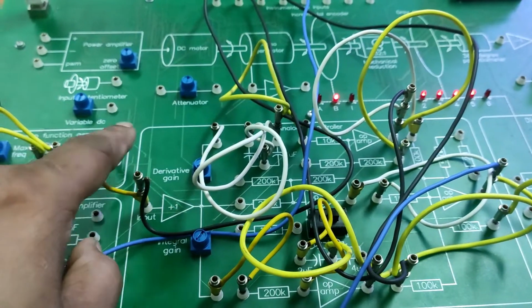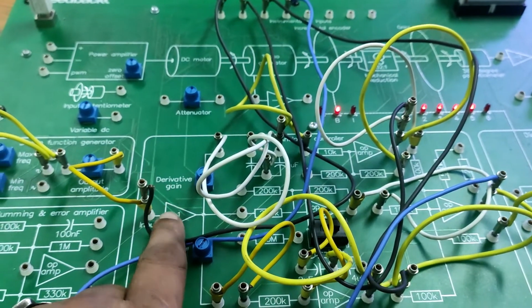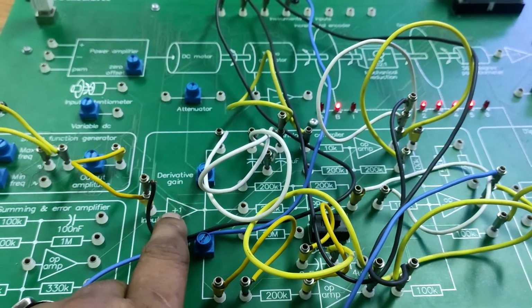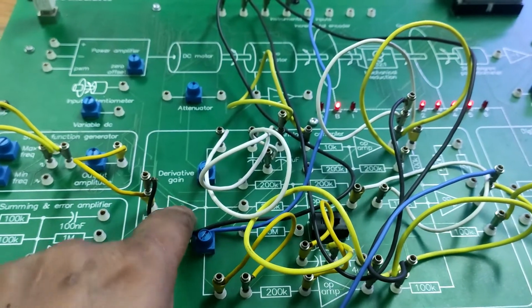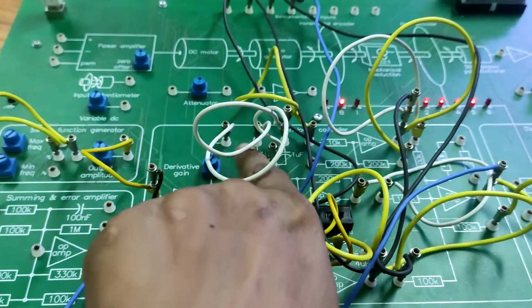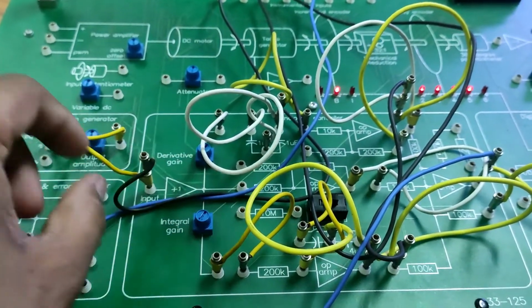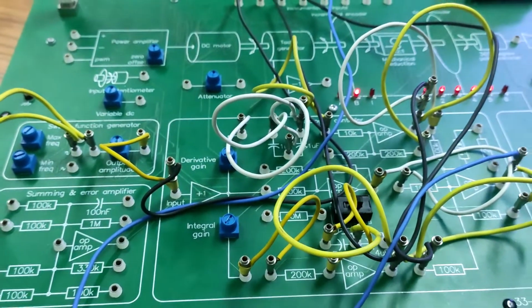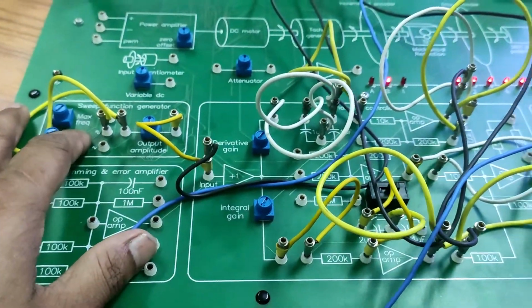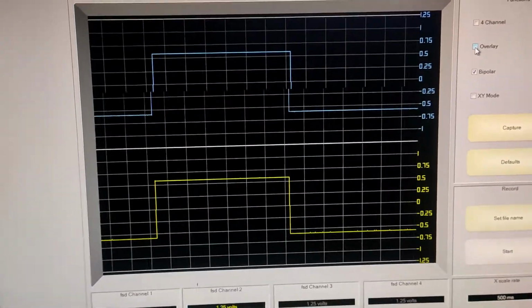So this time we are giving a fixed plus one gain to this input signal, and in this case derivative and integral are both at 0. Now you can check the behavior of the input and output signal here in this PC.